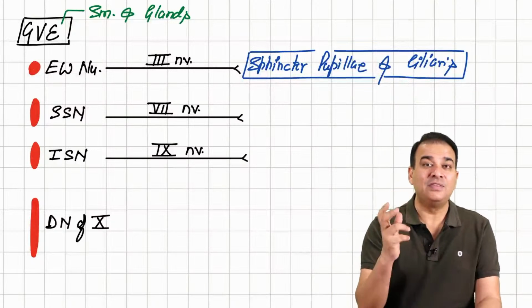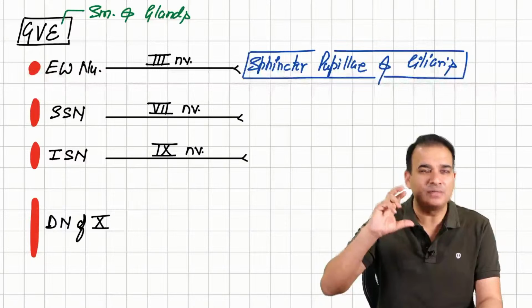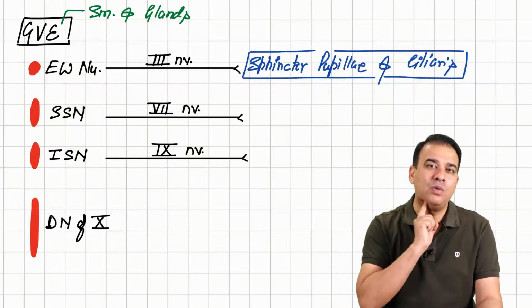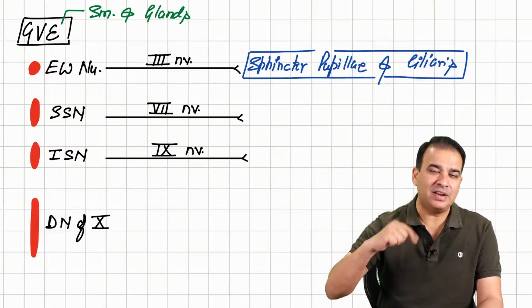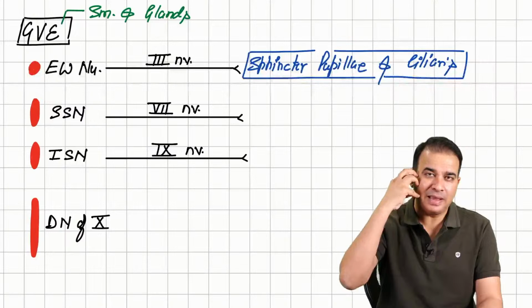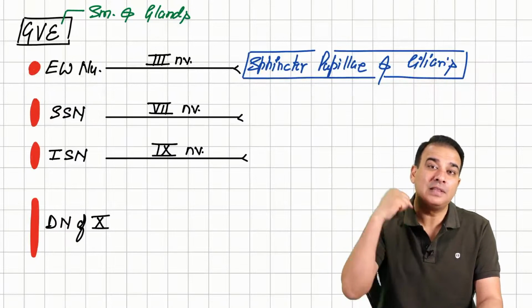When it comes to salivary glands, the name of the nucleus and its function sound a little opposite here, because the superior salivatory nucleus will supply the glands below and the inferior salivatory nucleus will supply the gland above. That means the parotid gland is supplied by the inferior salivatory nucleus, and the submandibular and sublingual glands are supplied by the superior salivatory nucleus.